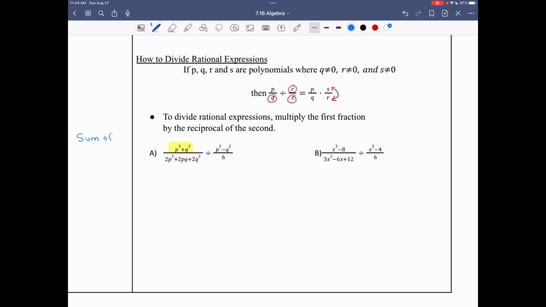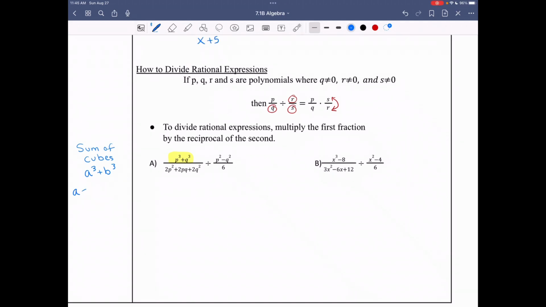This is another special type of factoring, because if you have a cubed plus b cubed, it factors to become a plus b and a squared minus ab plus b squared.